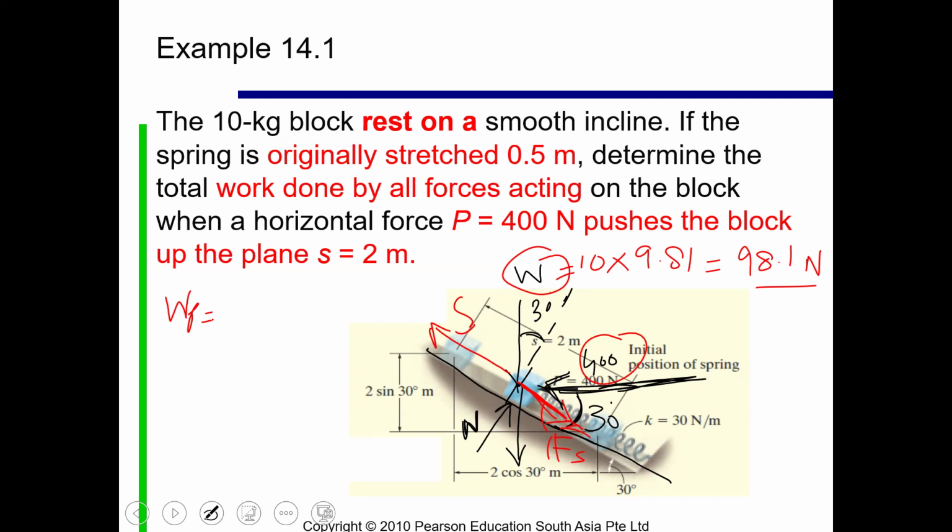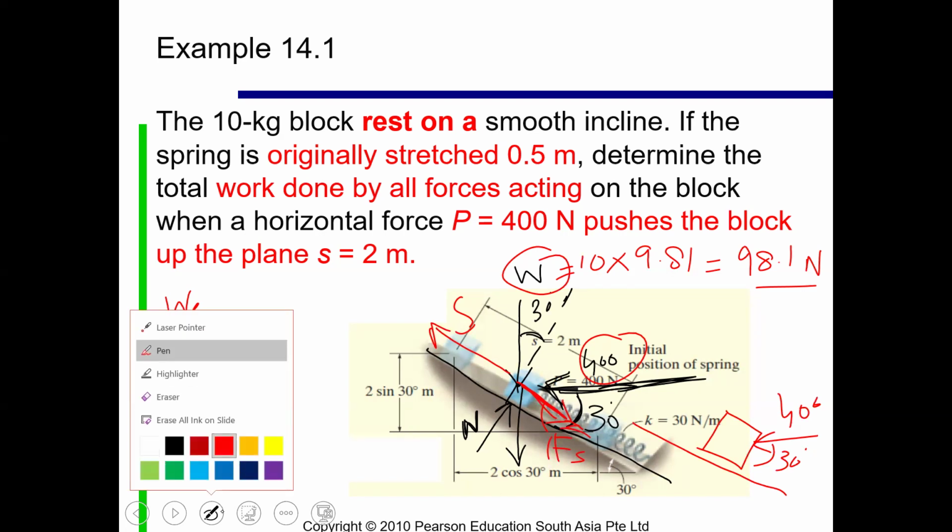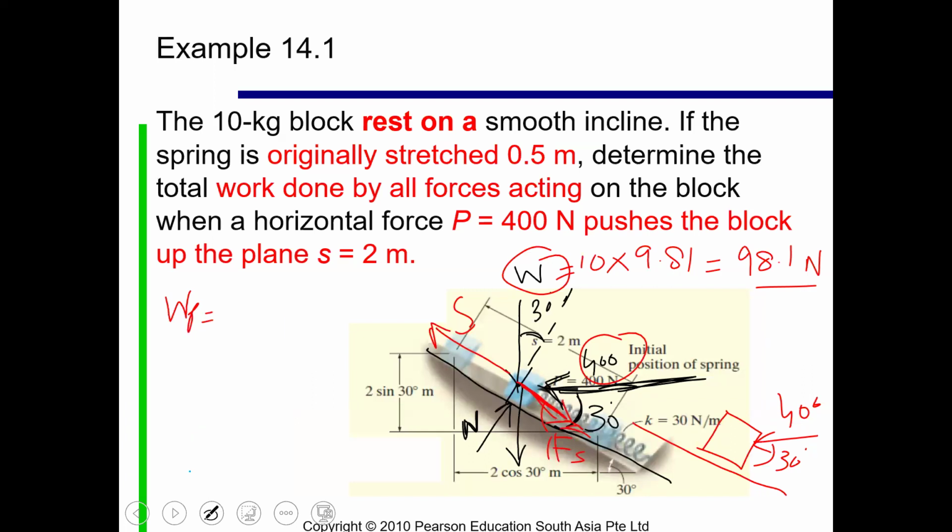This force, if I resolve it, for example, this is the block on the surface and 400 is like this, right? So this is 30 degrees. If you resolve it into its components, there is one component like this and one component like this, right?